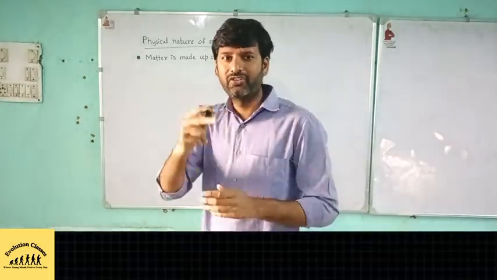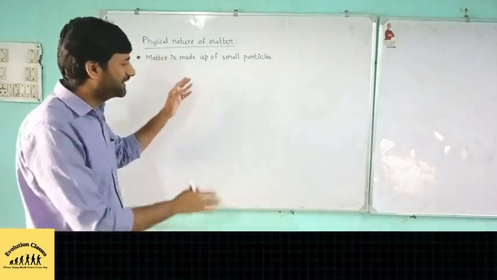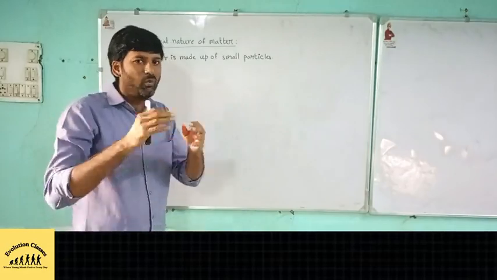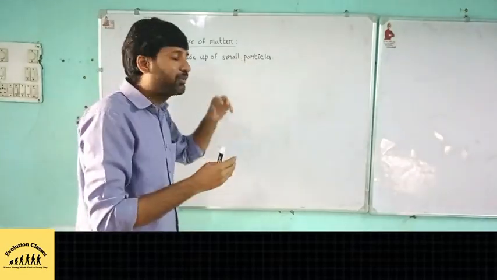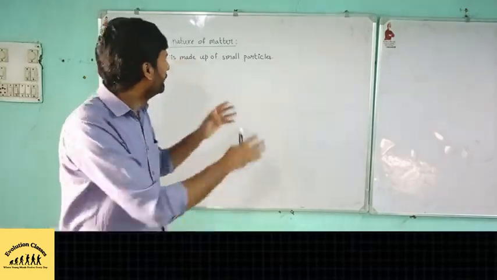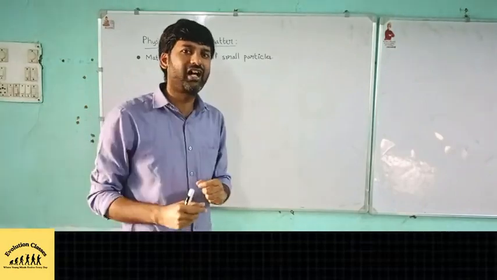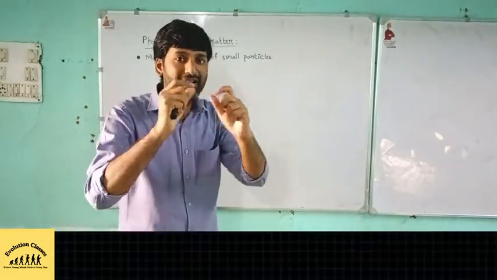Now we will discuss the properties or characteristics of the particles of matter. We know that matter is made up of small particles. Then how are the particles there in the matter? How do they behave?